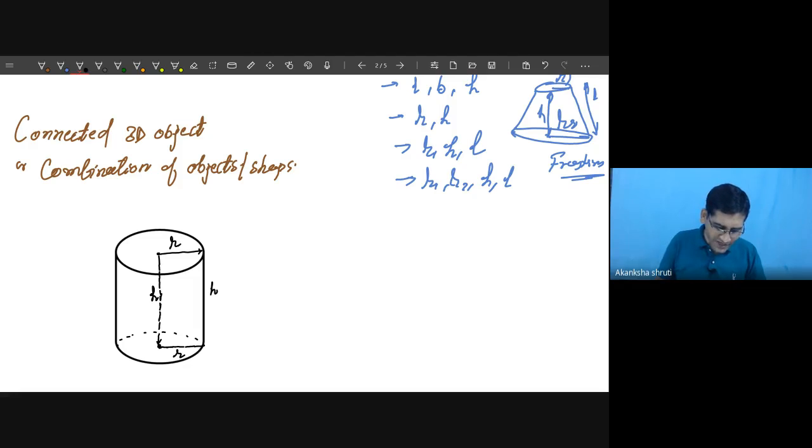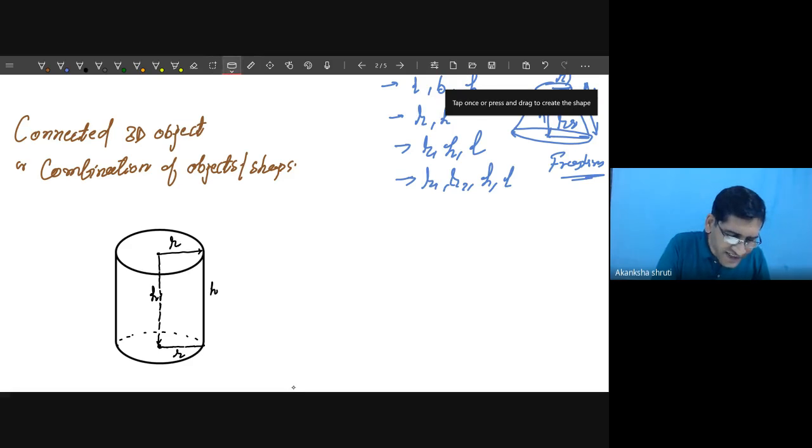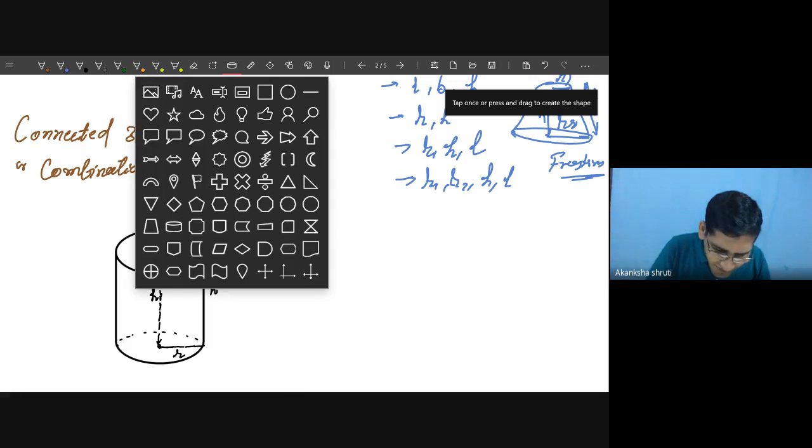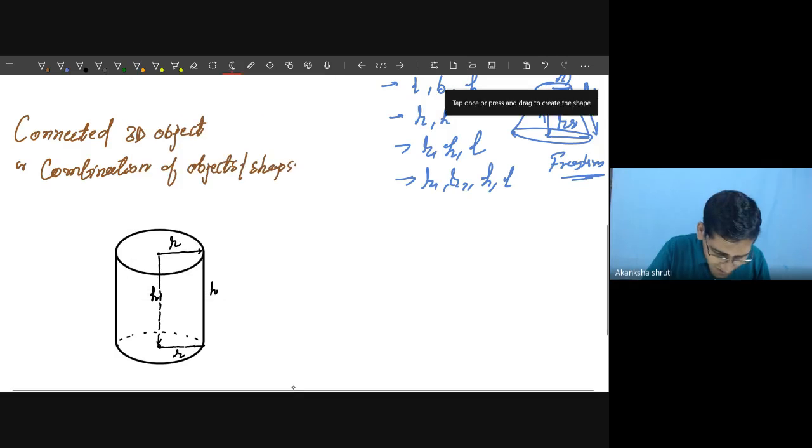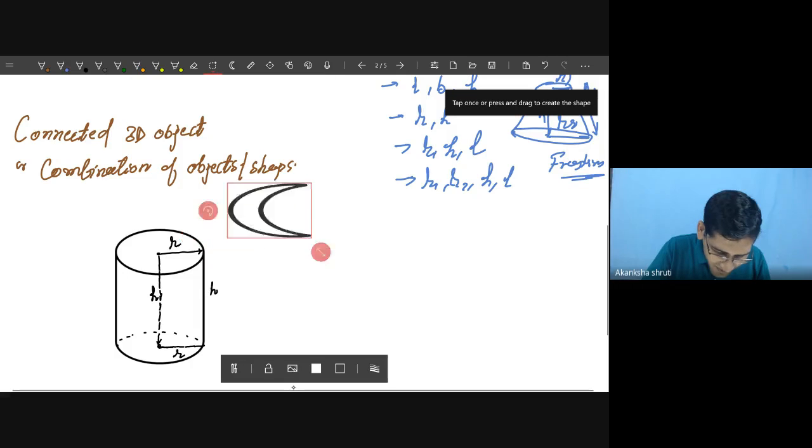Now it is possible to put another sphere over this. Let me take a sphere over this. A sphere cannot be drawn. Can I rotate it?